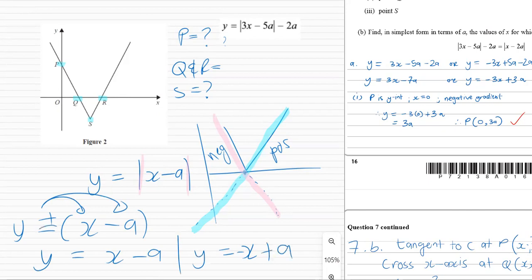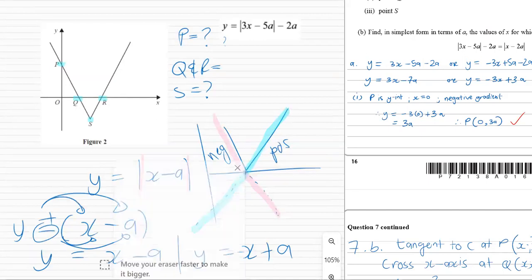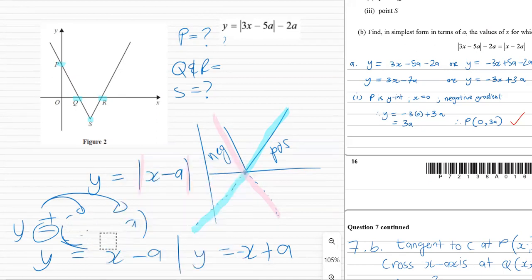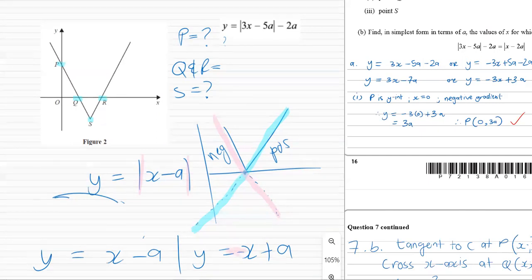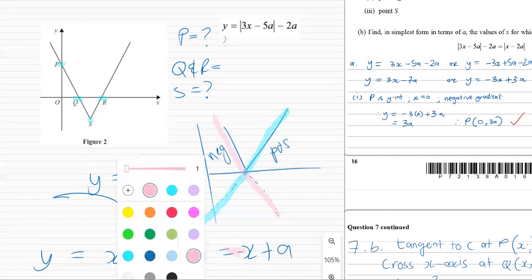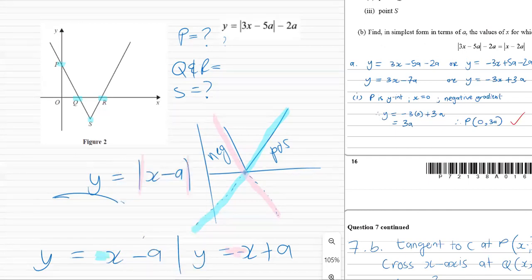When we multiply by the negative, the signs change. So one of these is negative and one is positive. Intuitively, this one has a negative gradient, so that's your -1, and the other has a positive gradient of 1, so that's your +1.